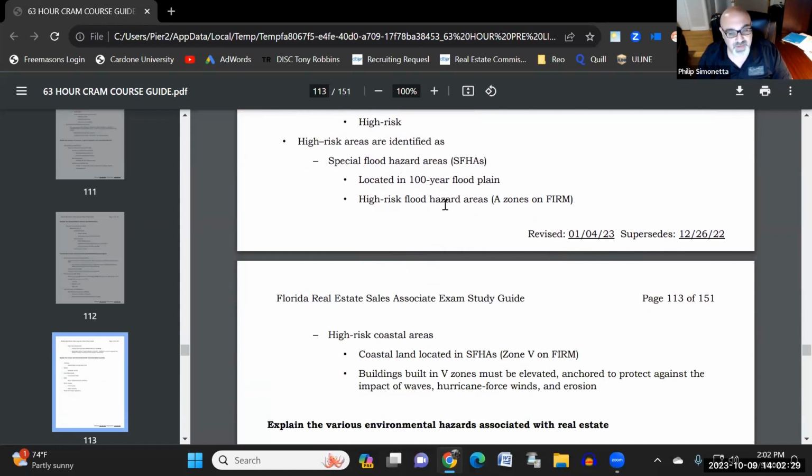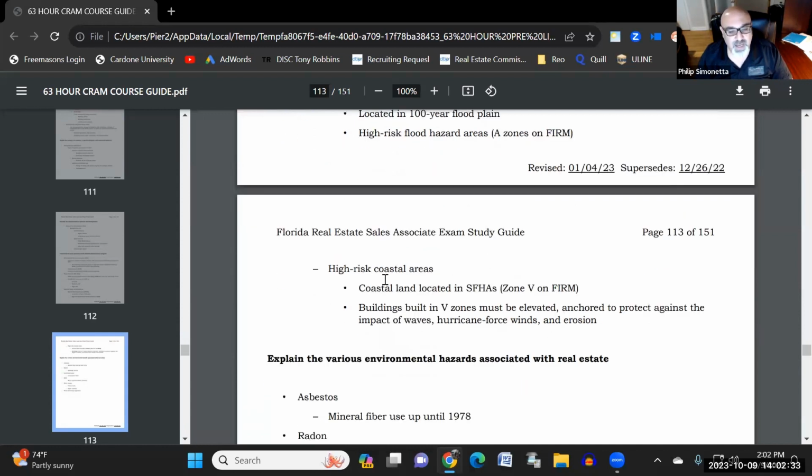The high risk flood hazard areas are A zones on the FIRM. High risk coastal areas are coastal land located in the special flood hazard areas, and they're designated as zone V on the FIRMs. So buildings built in V zones must be elevated and anchored to protect against the impact of waves, hurricane force winds, and erosion. Okay.